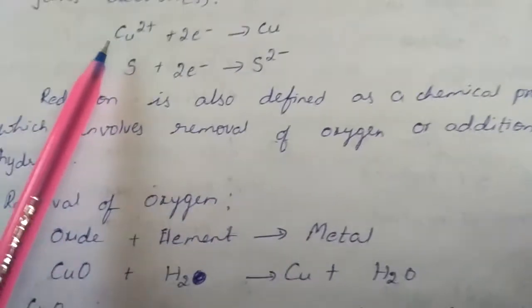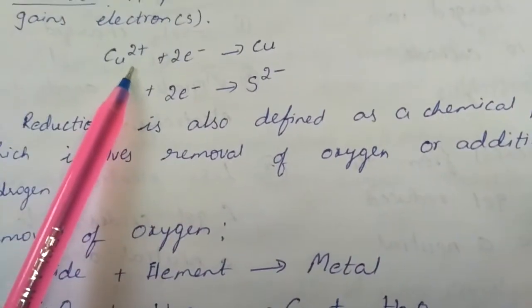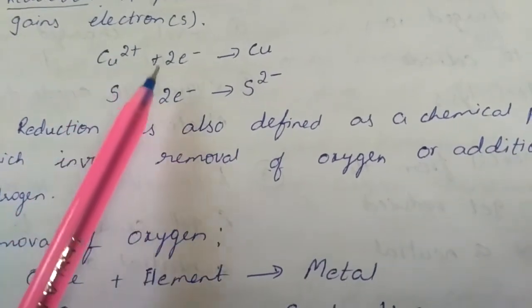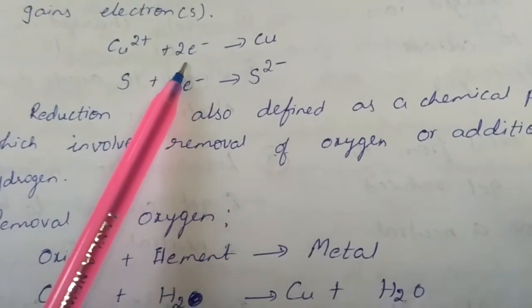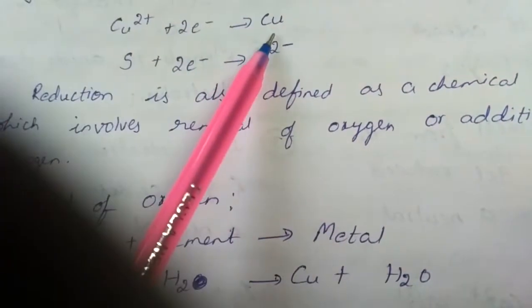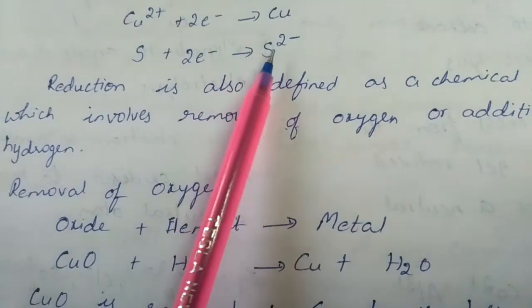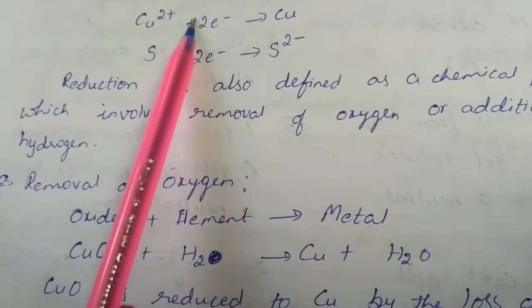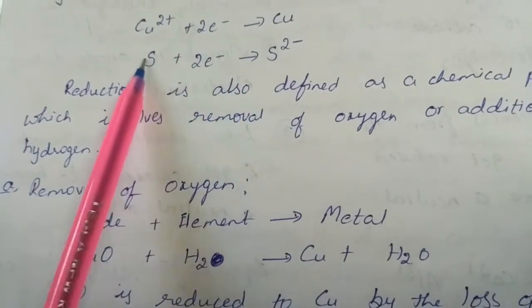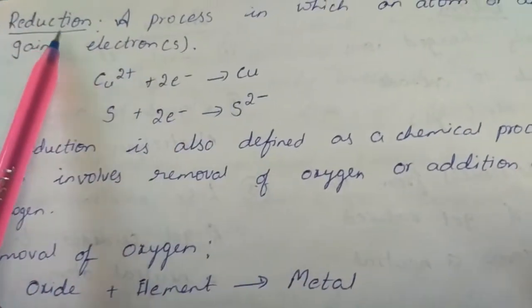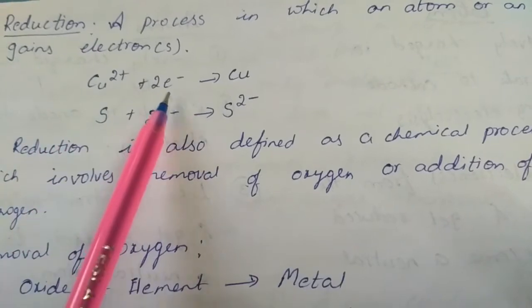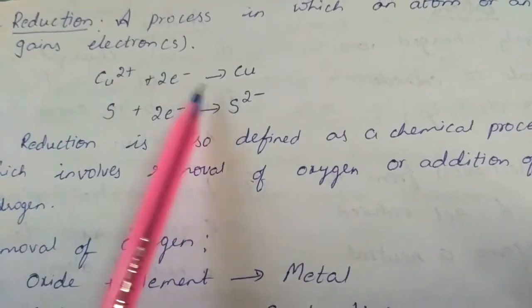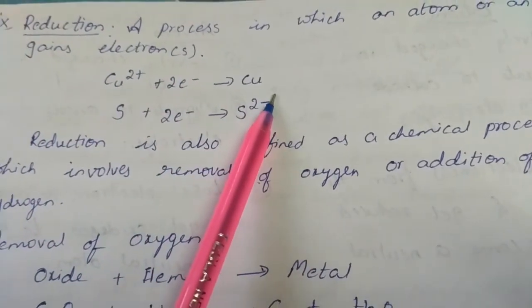See here, Cu2+, the copper cation, is gaining 2 electrons in order to form a neutral atom. This process of gaining electrons is called reduction. If any atom gains electrons, we can say that the reduction process has taken place.